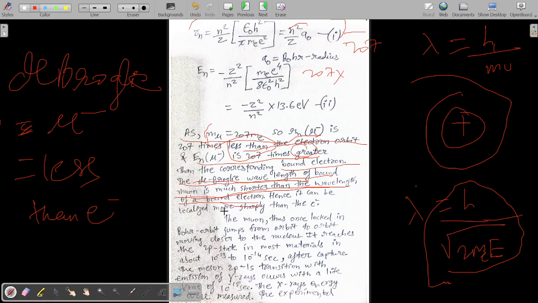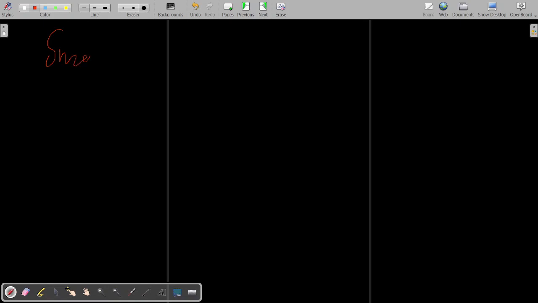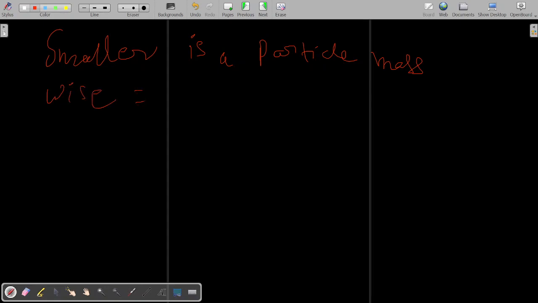Hence it can be localized more sharply than the electron. I am telling the meaning of this: muon can be localized more sharply than electron. You know this very well that the smaller a particle is mass wise, the greater is its wave nature.